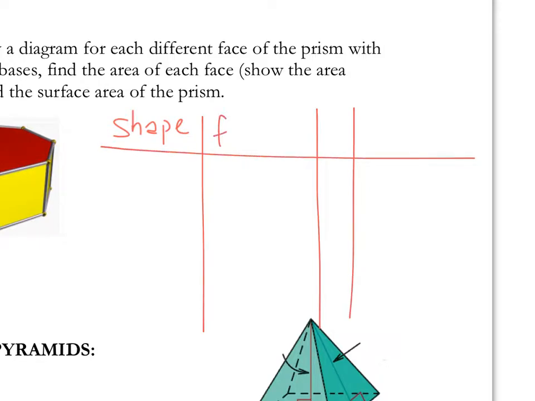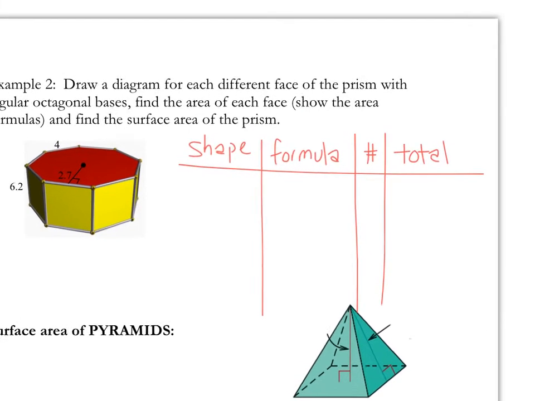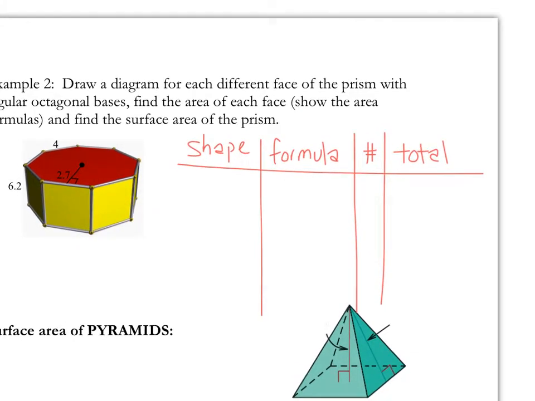So shape, formula, number, and total. So now my first shape you probably see is an octagon. And how I draw octagons is I do those 4 and then I connect them.